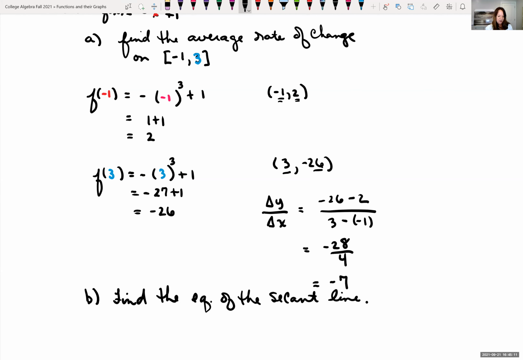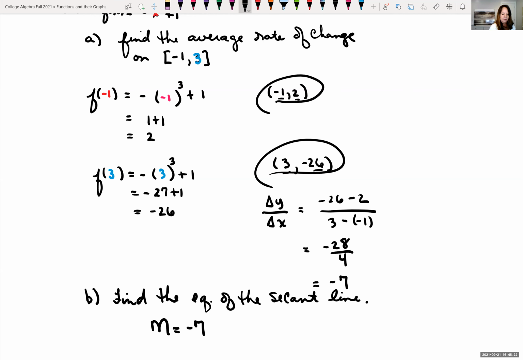We need a slope. Well, we just found the slope. That's going to be negative 7, and we need a point. Well, we found 2 points, the points on that interval. And so it looks like it'd be easier if I use the point negative 1, 2.